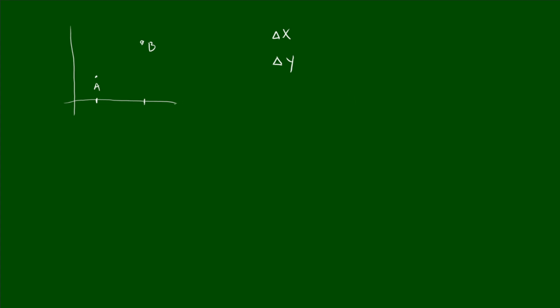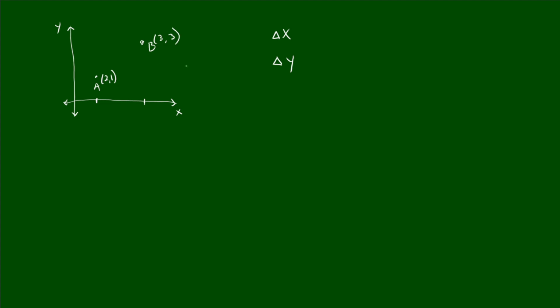Okay, now let's make this plot a little bit better. You have y in the vertical and x in the horizontal. All right. Now let's say A is 2, 1, and B is 3, 3.